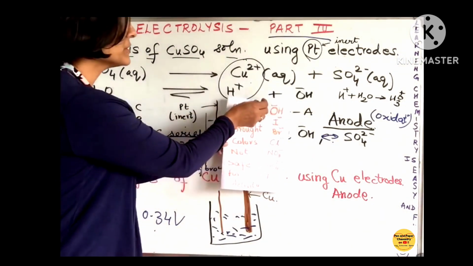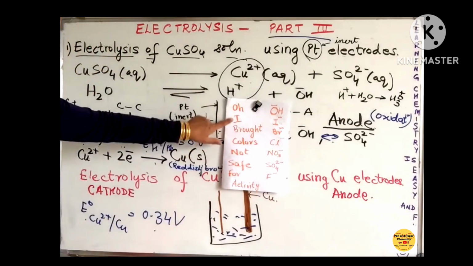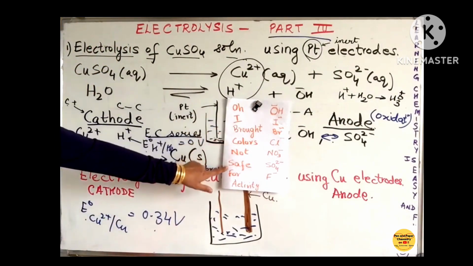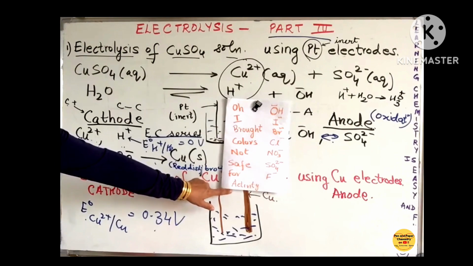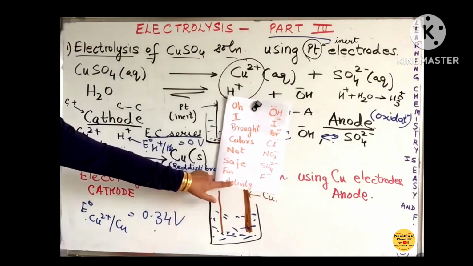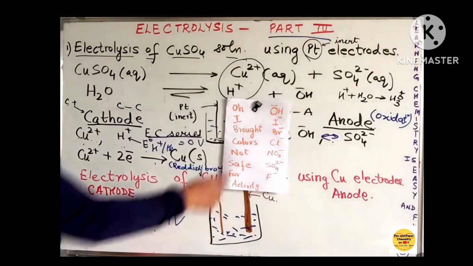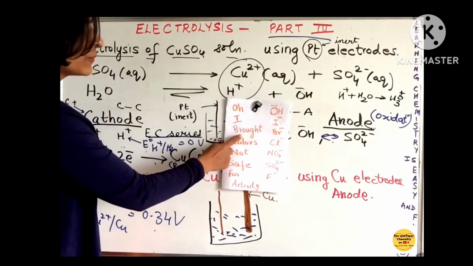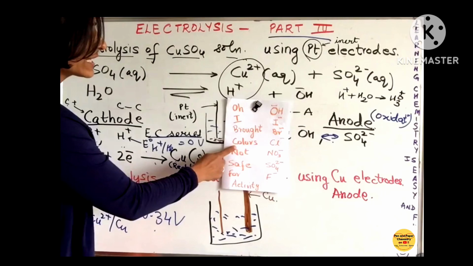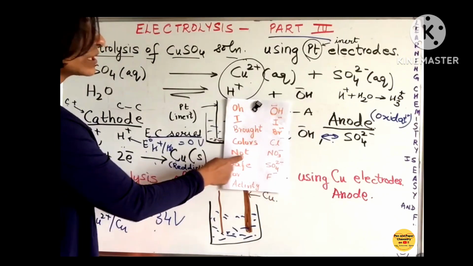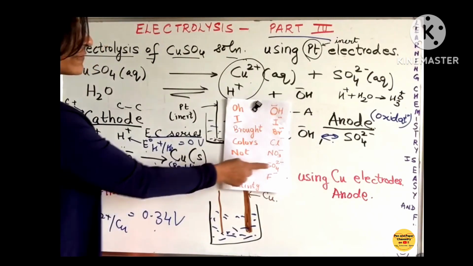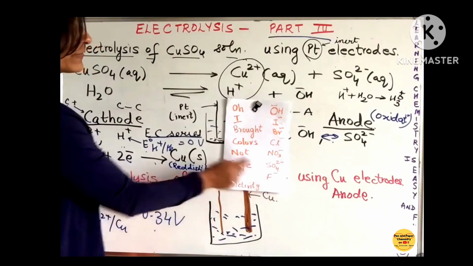So I had given you a simple mnemonic: Oh, I brought colors, not safe, for activity. Why activity? Because we are talking about the activity series. O is OH-, I is I-, brought is for bromide, colors, chloride, not nitrate, safe, sulfate, for F-.